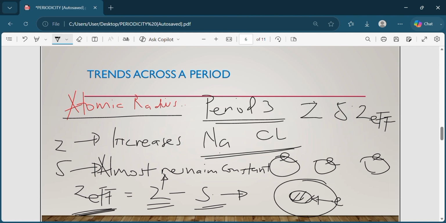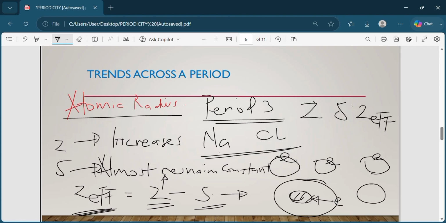So if the electrons are continuously being pulled towards the nucleus from one element to another across a period, the atomic radius will keep on decreasing, because the electrons are confined more. The magnitude of the force pulling the electrons closer to the nucleus is increasing in strength as we move across a period. As simple as that.